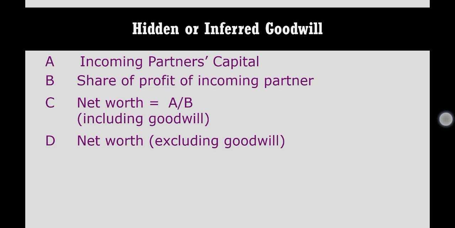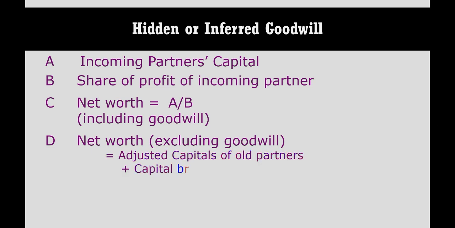First, adjusted capitals of old partners plus capital brought in by the new partner. Now, the capital brought in by the new partner we already knew, as we have written in our step A. What is the adjusted capital of old partners? It means the capital of old partners plus or minus reserves, whatever we have studied: accumulated profit, accumulated losses, reserves.